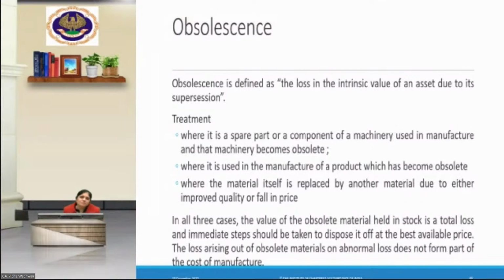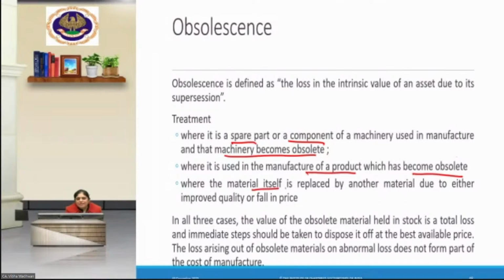So again, it's a loss. Where it is a spare part or a component of a machine used in the manufacture and the machinery becomes obsolete, of course, that spare part will also become obsolete. If it is used in the manufacture of a product and that product has become obsolete, of course the part which I'm using in the product is also useless now.